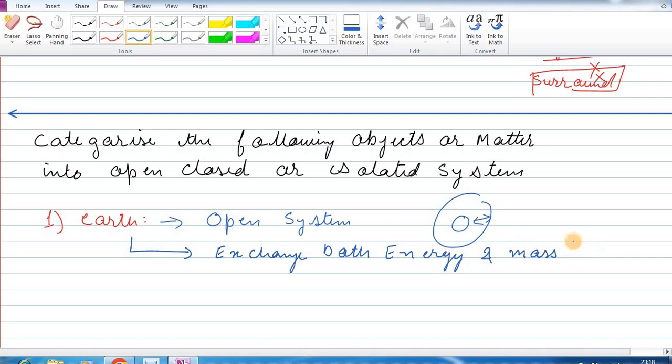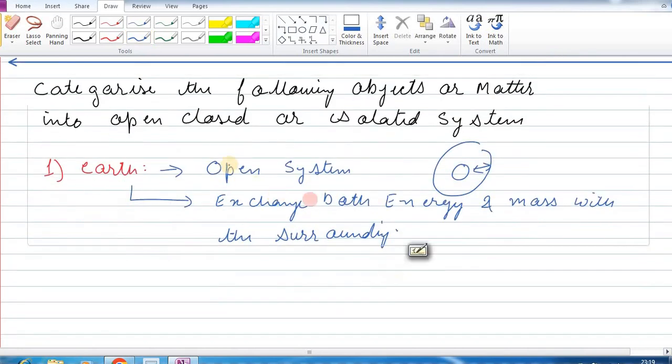So the Earth's mass gets increased because there is exchange of both energy and mass with the surrounding. So Earth is an example of open system.